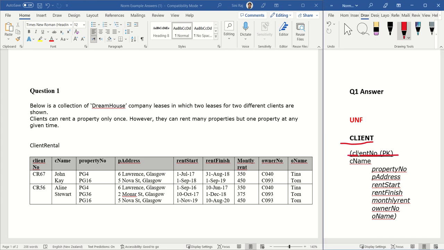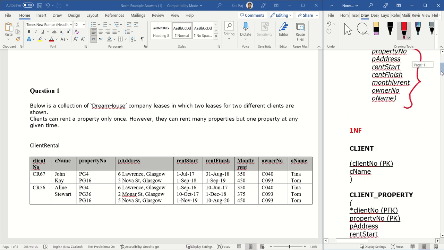We have chosen all the attributes like C name, property number, P address, and everything. From property number, P address, rent start, finish, monthly rent, owner name, everything is repeating. So we have identified the repeating ones.